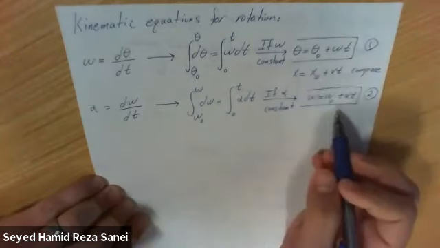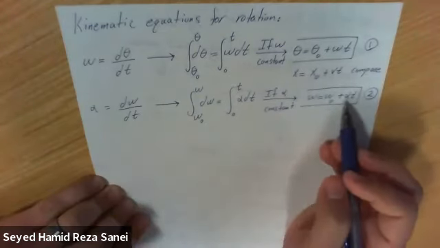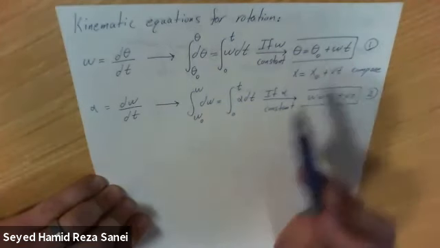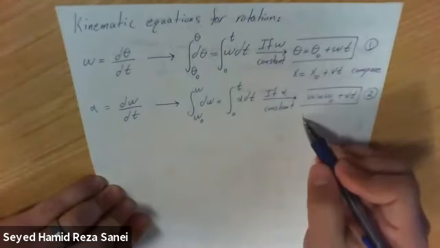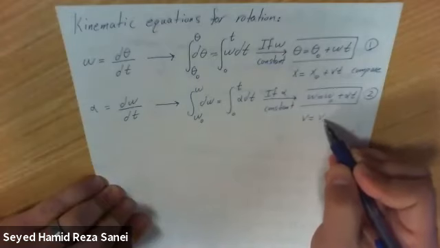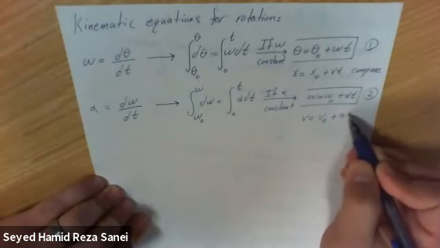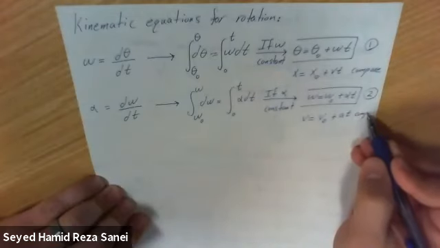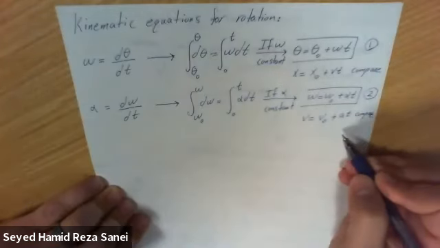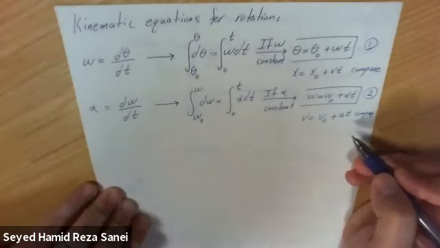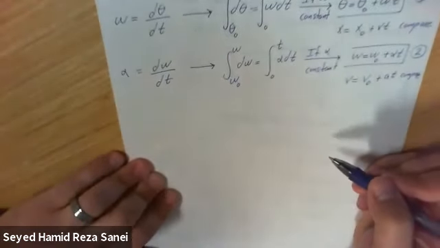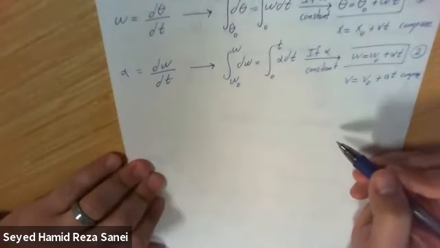And this equation is only valid when alpha is constant. The previous equation is valid when omega is constant. And then similarly, we can compare it with the kinematic equation that we knew before. Here I'm just writing this equation for comparison. So we can develop another kinematic equation independent of time.